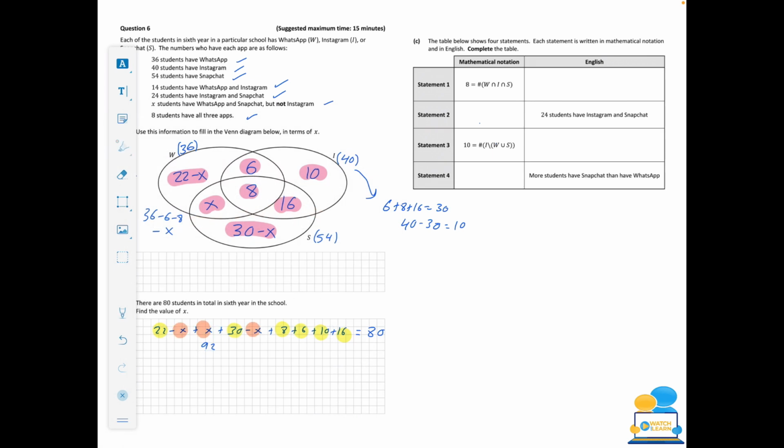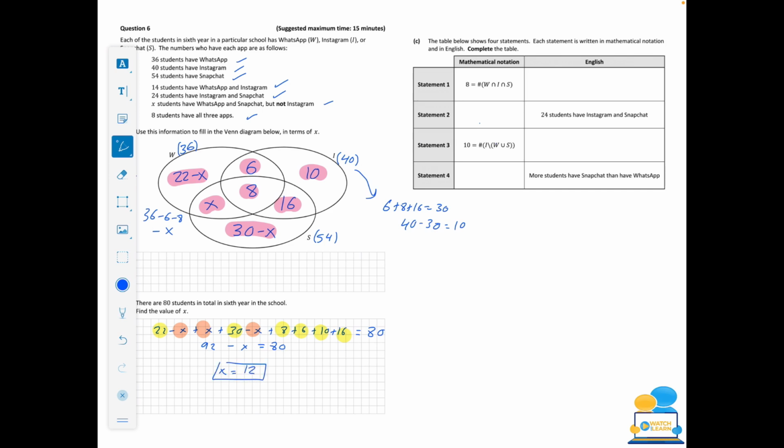And we have another minus x there. So overall there we just have 92 minus x is equal to 80. And again, we could go down the algebra route, subtracting 92 from both sides, but this is quite simple algebra, so we're just going to do it quite logically. So 92 minus what is equal to 80? 92 minus 12 is equal to 80. So then x must equal 12.